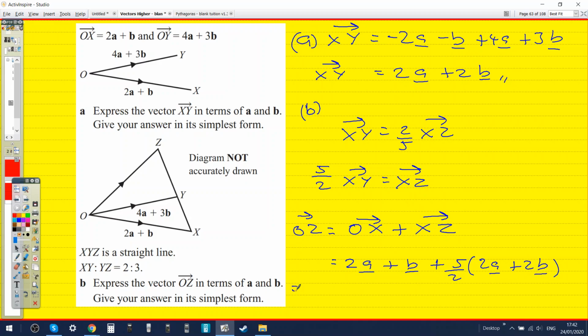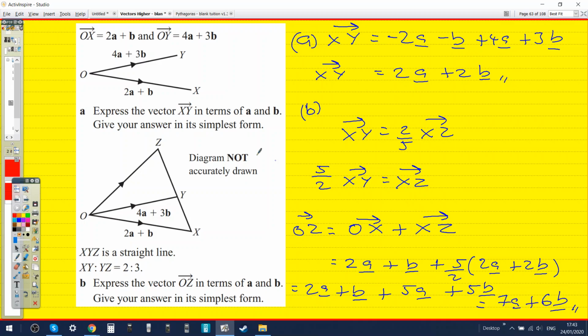Okay, so 2A plus B plus 2.5 times 2A plus 2.5 times 2B. So what is 2.5 times 2? 5A? Yep. Plus 5B, which can be simplified to 7A plus 6B.